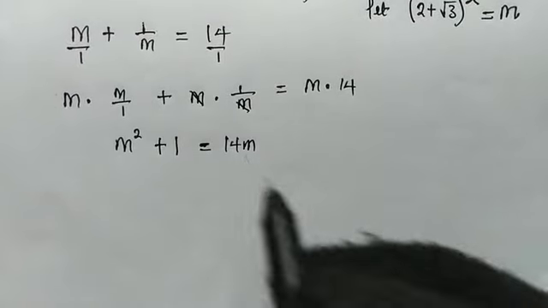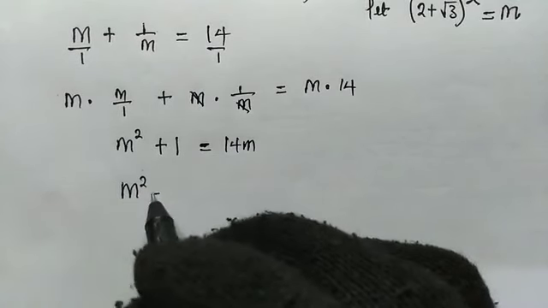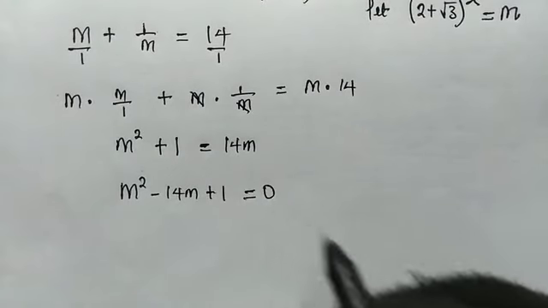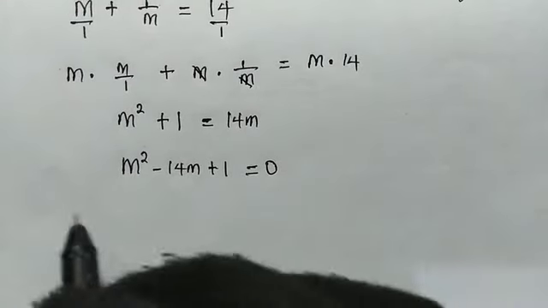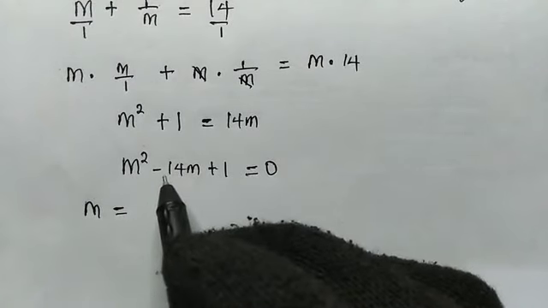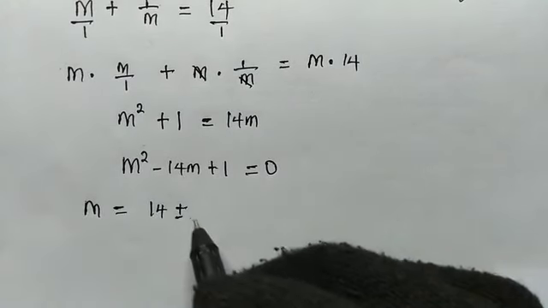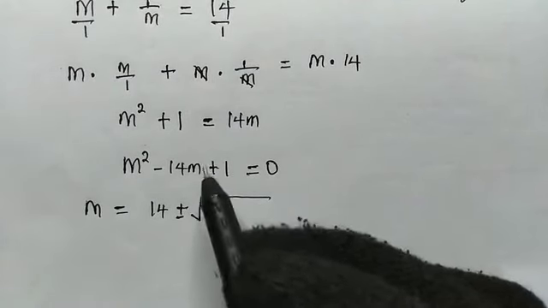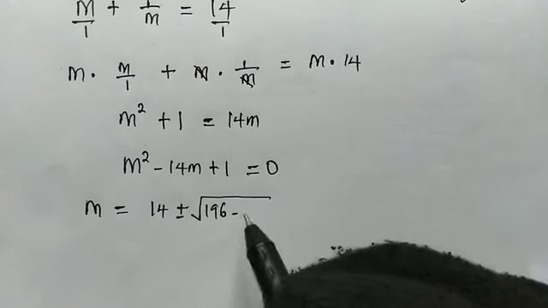Okay, now this 14m goes to the left, so we have m squared minus 14m plus 1 equal to 0. From here, we're going to make use of the general quadratic formula. This is going to be negative b, and negative b here will be minus 14, which is just 14, plus or minus the square root of b squared, here 14 squared, which is 196, minus 4 times 1 times 1, which gives us 4, all divided by 2.